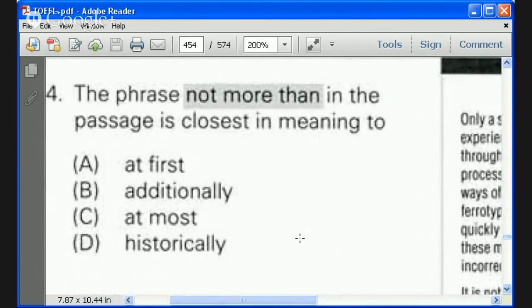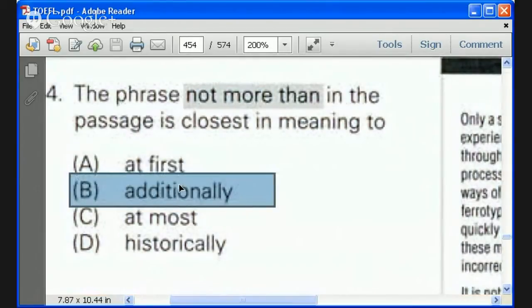Otherwise, if you can't think of an answer, you're going to have to do Michael's option. You're going to have to take each answer and read it into the sentence one at a time, which is more time consuming. Perhaps that is the strategy you're going to end up needing anyway.